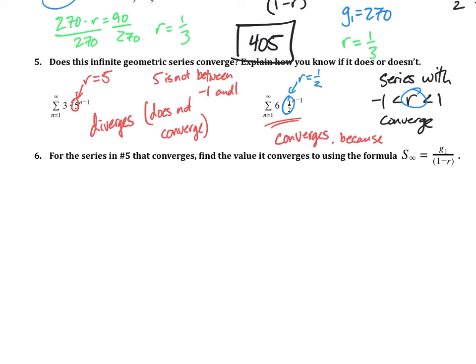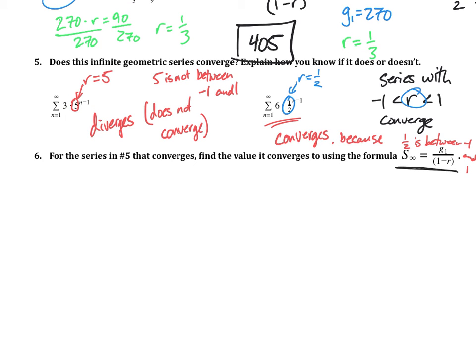And we know that this series converges because 1/2 is between -1 and 1. Okay, so then the last problem just says, for the series in number 5 that converges, find the value that it converges to.